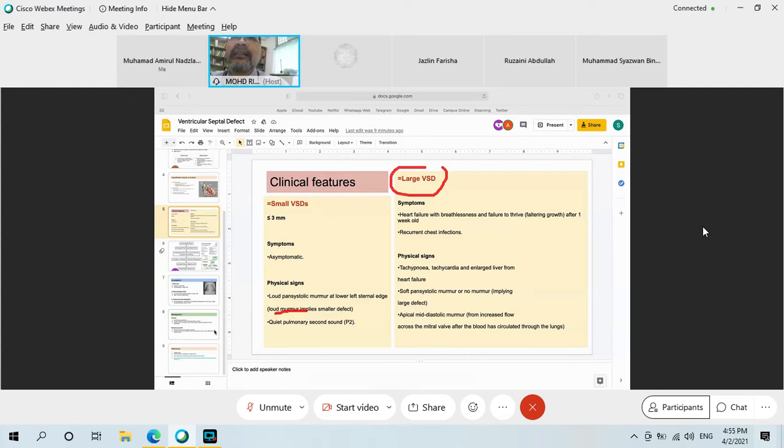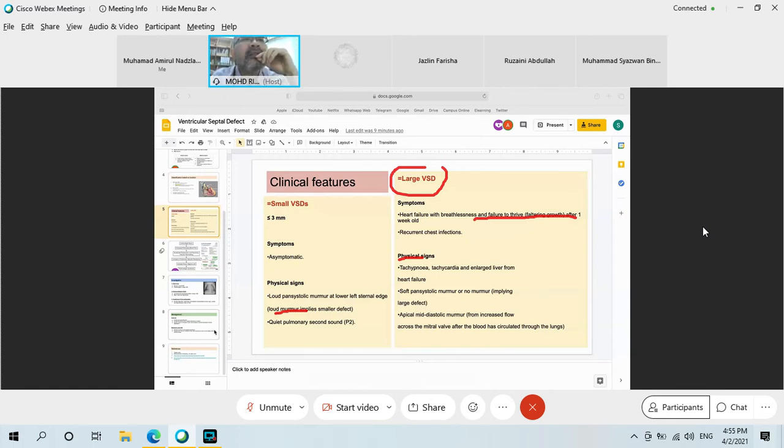And the signs are mainly the sign and symptoms of heart failure. But this one, I think it's not that accurate. Heart failure does not commonly occur early. It's not common in the first week of life. It's usually at 6 to 8 weeks, and then the symptoms develop.